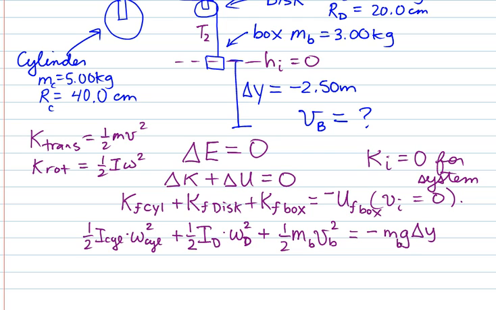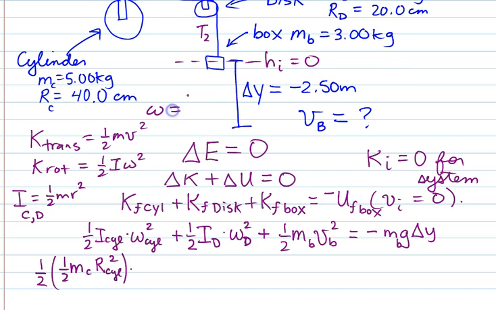Now, at this point, we can do a couple things. First of all, we can plug in an equation for the moment of inertia. The cylinder and the disc both have the same moment of inertia, basically 1/2 m r squared. So we get 1/2 mass of cylinder, radius of cylinder squared, and we can also make use of the fact that omega is v divided by r.